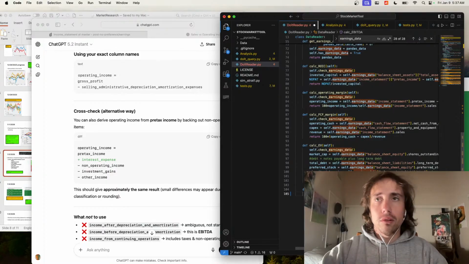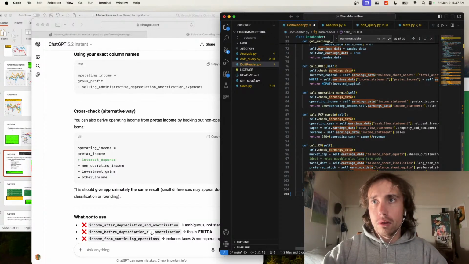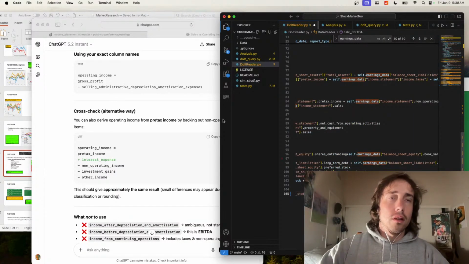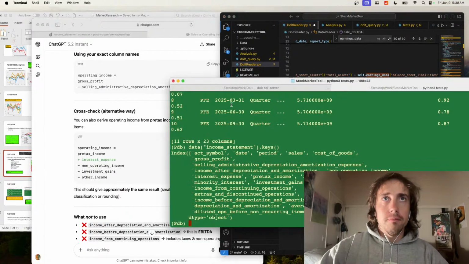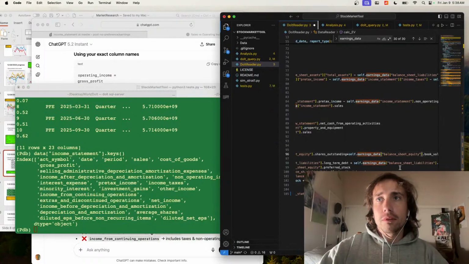Operating income is equal to self dot get income statement, gross profit. Okay, then highlight this whole thing. Got that minus whatever that key is: selling, administrative, depreciation, amortization, expenses.